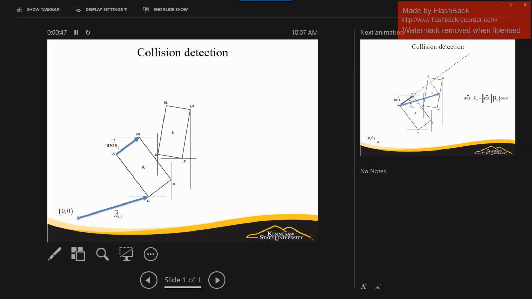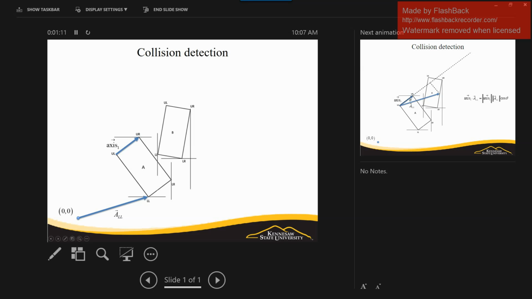Okay? So for axis 1 in this case, you can pick either the top, this side connecting the upper left and the upper right, or you can pick the lower left, lower right. It doesn't matter which of the two sides you take, because they're both perpendicular to the other side of the rectangle. So it doesn't matter whether you choose these 2 points or these 2 points.